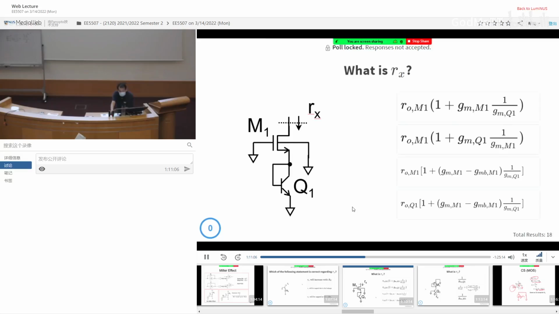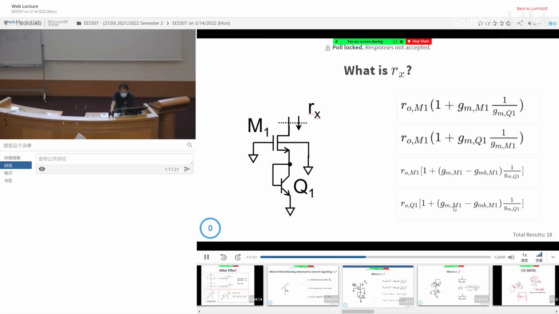Now to solve this, the first thing I notice is that this is a diode-connected transistor. So right away you know it should be 1 over gm of Q1. So out of all these 4, you can ignore this one right away. The second one too. And then this is a MOSFET with body effect, so you can ignore this one again. So you are left with the last 2.